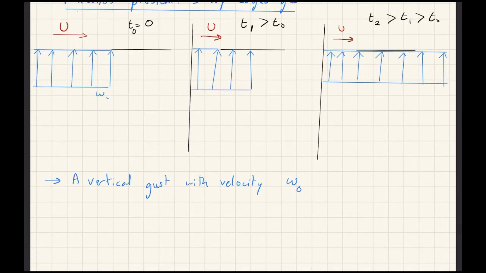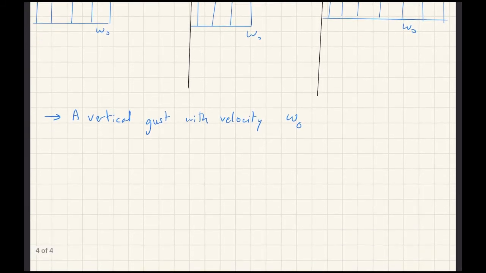Now to sort of recap what I mentioned earlier, in this problem, a vertical gust with velocity w naught, so the velocity here in all these gust profiles is w naught, approaches an airfoil as it convects with free stream u.